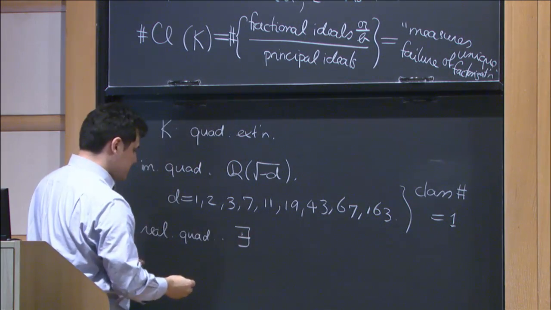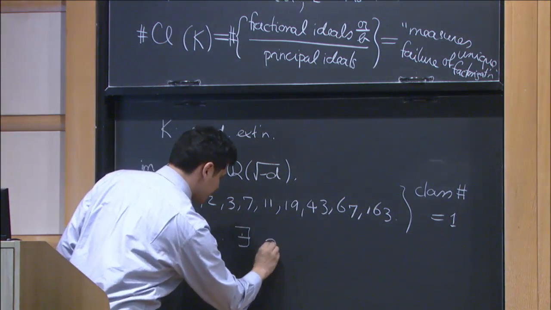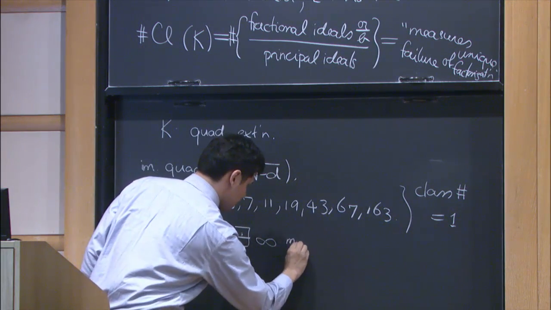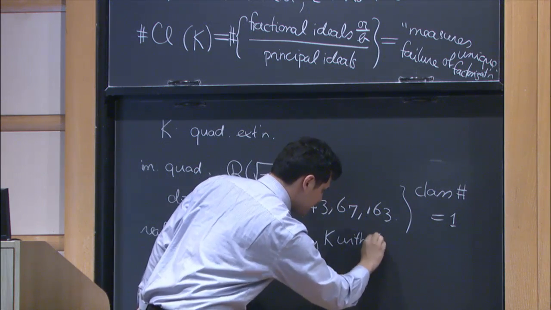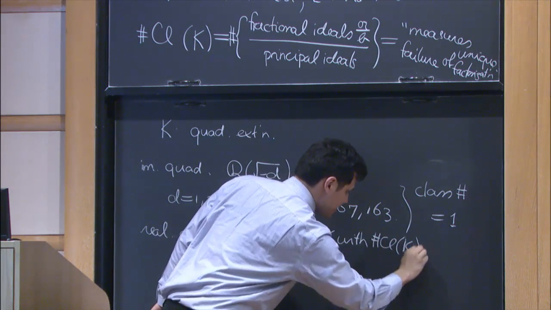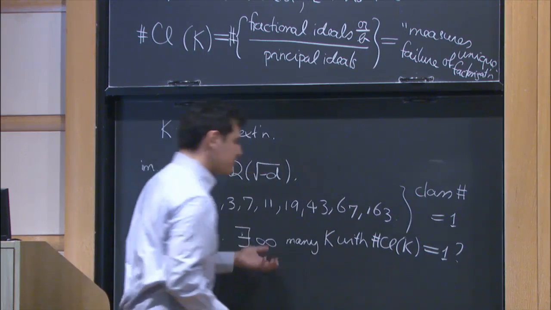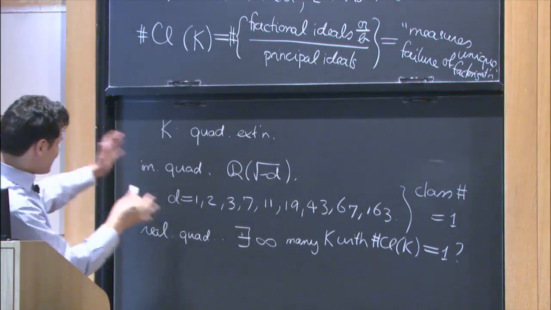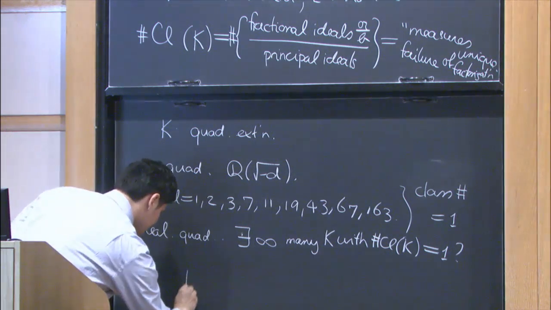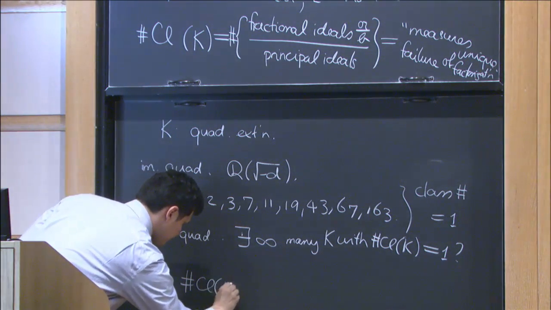The unknown question is if there are infinitely many with class number equal to 1. Unsolved question to this day, a question that Gauss asked. So what I want to say is this class number is hard.